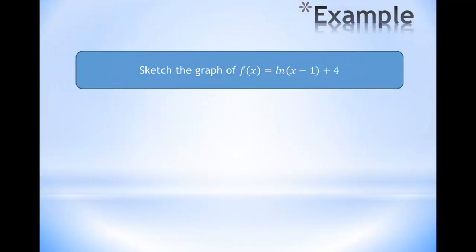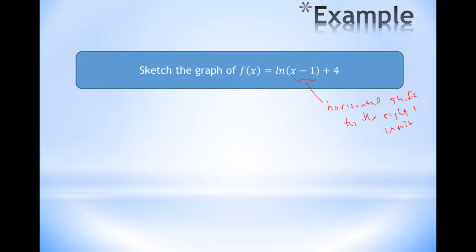All right, let's look at sketching a graph. What we need to know is what my domain and range are, what's going to happen to my intercepts, etc. This part right here tells me I'm going to get a horizontal shift to the right 1 unit.